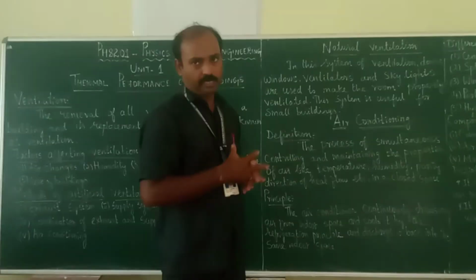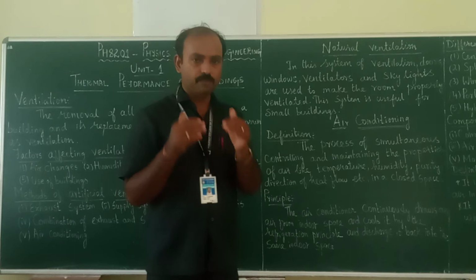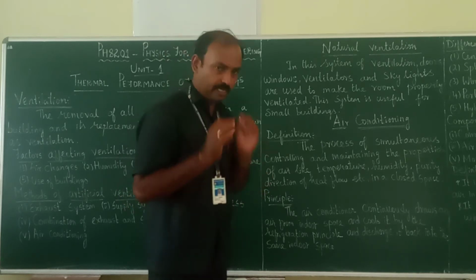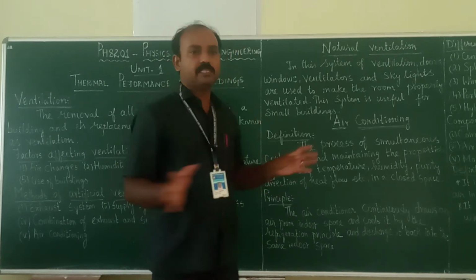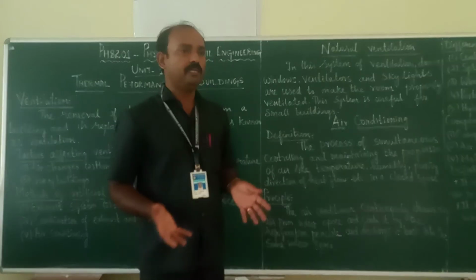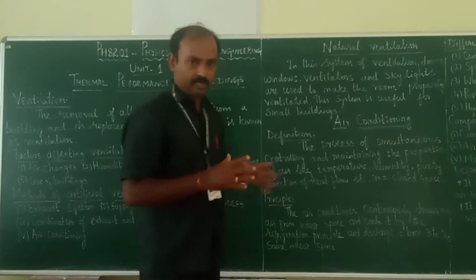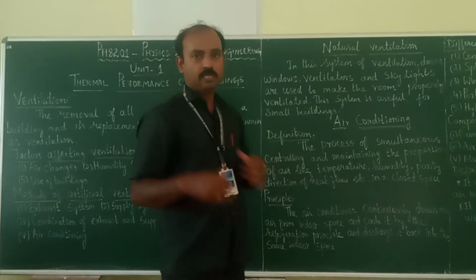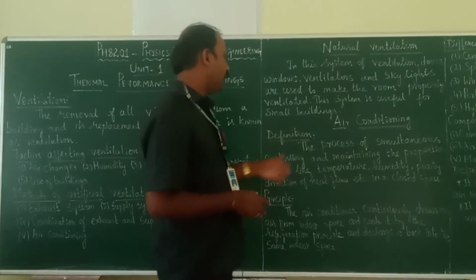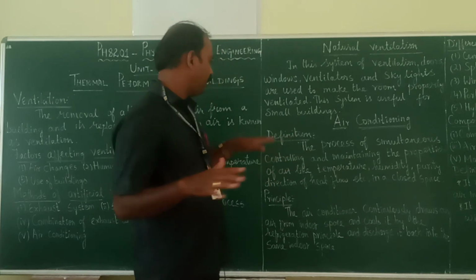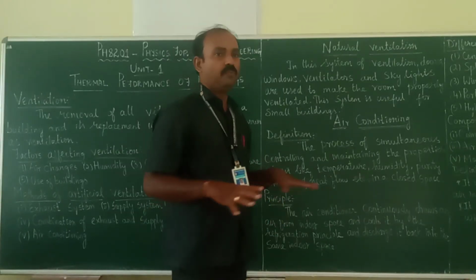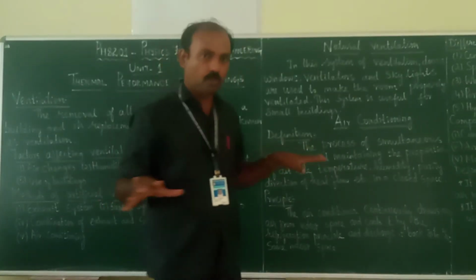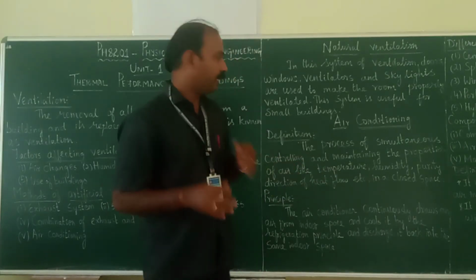Particularly, the temperature is going to be maintained at a constant level, or lowered compared to the surrounding temperature. So the purpose of an air conditioner is to lower the temperature of a building compared to the environment temperature. That should be maintained with the help of these devices. Humidity, temperature, purity and direction of heat flow, everything is under control with the help of this air conditioning system.